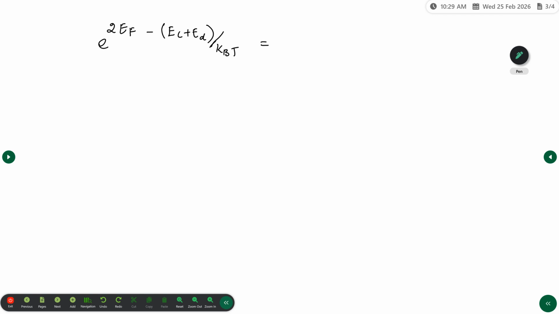So that is equal to, again, ND divided by 2 into (2 pi ME star kBT by h square) power 3 by 2. Right? Now you want to find this EF.